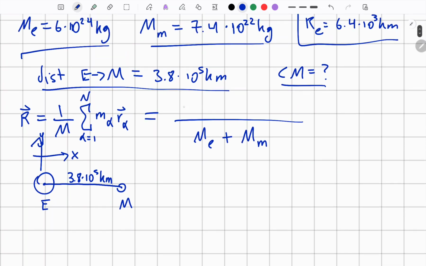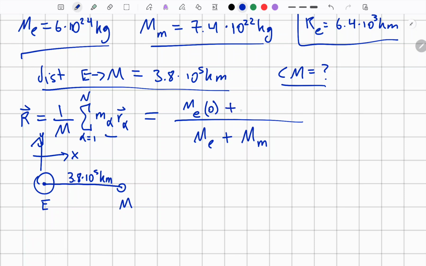So now we're going to have the formula here using that mass of alpha times the position of alpha. We're going to have mass of the Earth. Once again, I'm going to try and stick with that big M, times the position of Earth, which in this case is just going to be 0 because we positioned our axis so that that point is at 0.